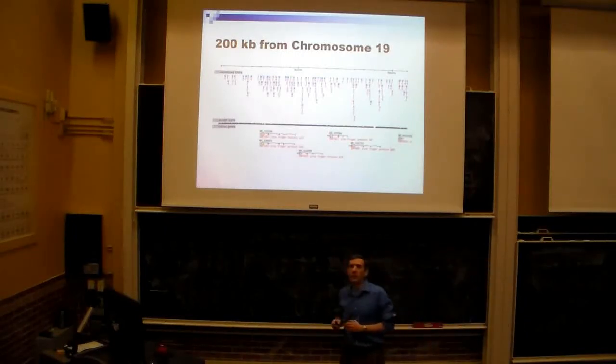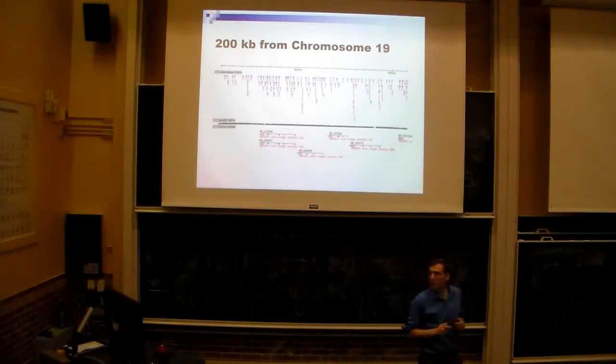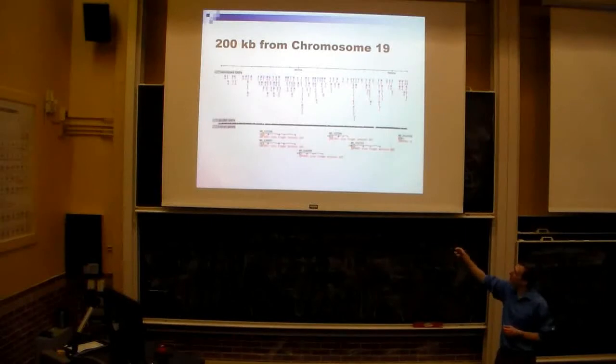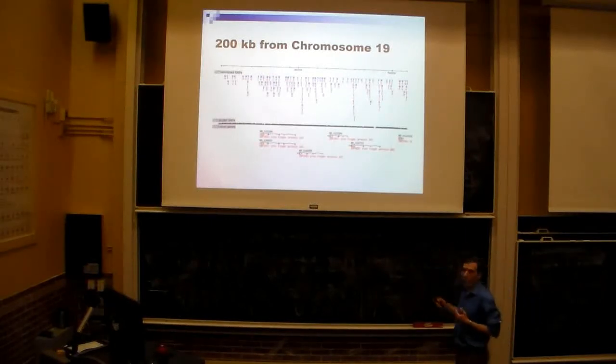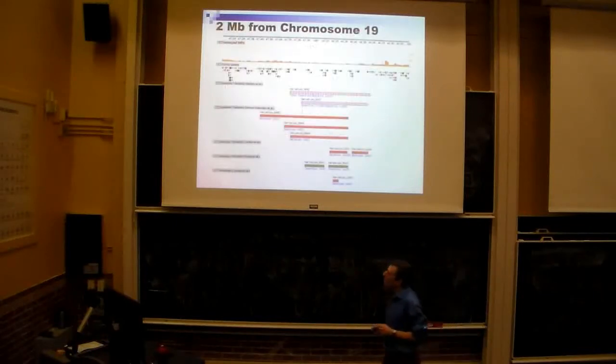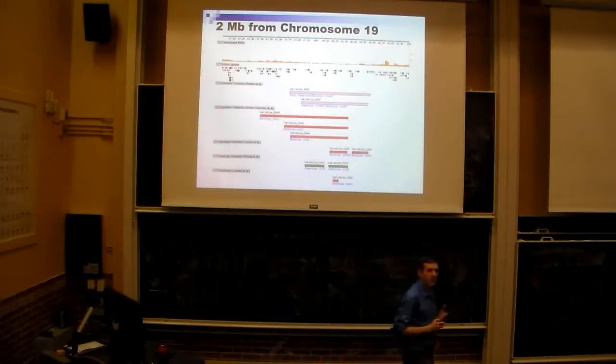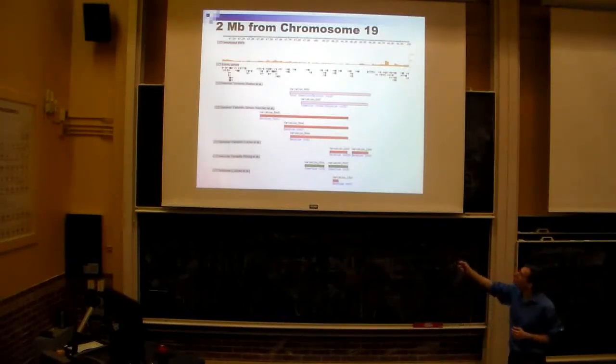You really can't make out the single SNPs because there are so many of them. So if we're looking at 200 kilobases of sequence, we would expect something on the order of 1,000 SNPs within that region. So that's a lot of variation. If we zoom out to a larger scale, this is looking at megabase sizes region of genome, we can start seeing some of these large structural variations.